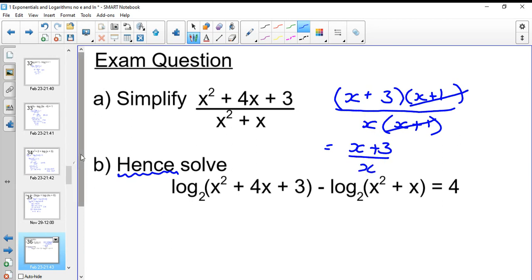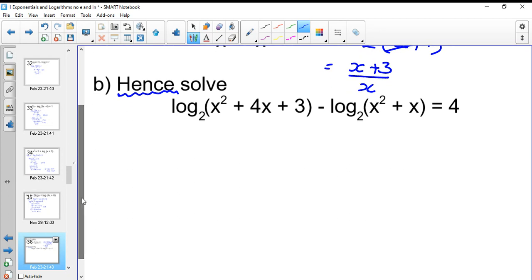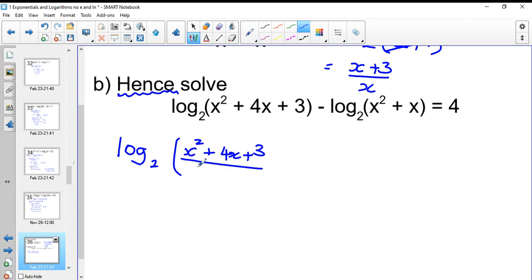So then it says, hence, so using what we've just done. So if you look at this, we've got log of all of that minus log of all of that. Two terms, same base with a minus, which means we can use log 2 to say it's x squared plus 4x plus 3 over x squared plus x equals 4.